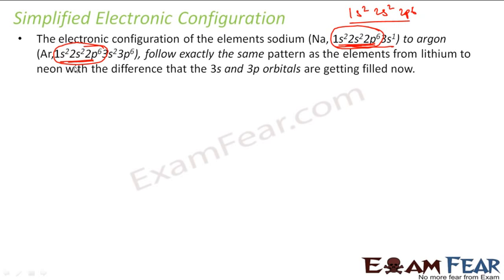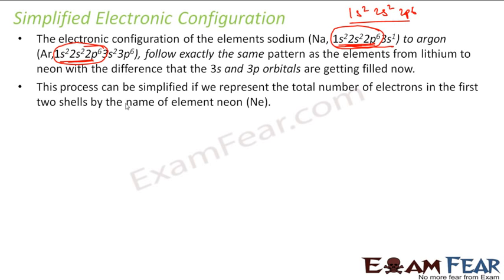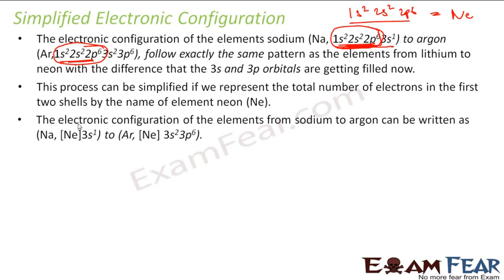So this is the pattern. So we can simplify this process. How? Instead of writing this big part, because this configuration corresponds to what? Neon, right? 10 electrons, so we can write neon instead of this big 1s2, 2s2, 2p6.